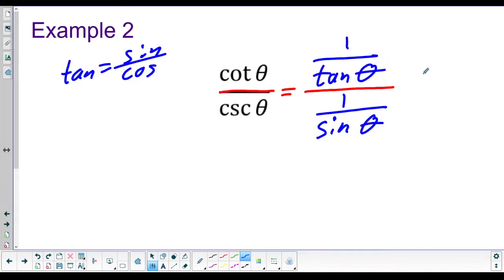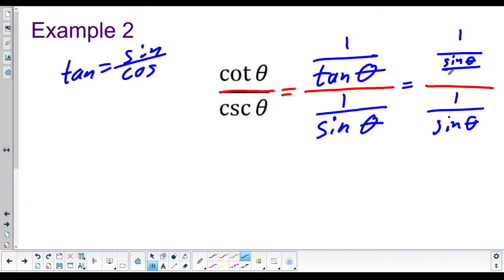So this is going to turn into 1 over sine of theta over cosine of theta, red fraction bar for the red one, blue one for the blue one. If you don't like this, you can go, wait a second, I've got a fraction in a fraction. Well, then why did I turn this into a fraction to begin with?